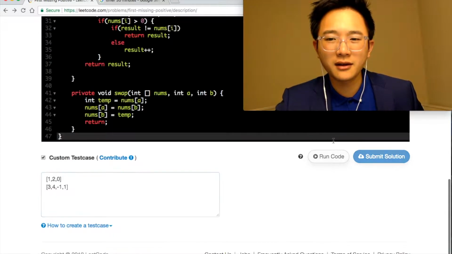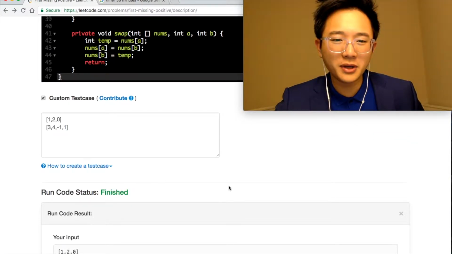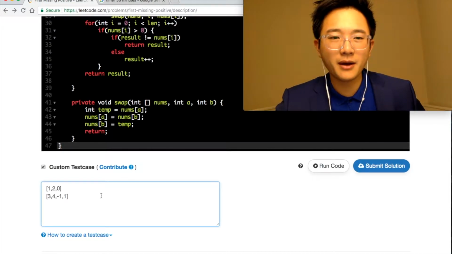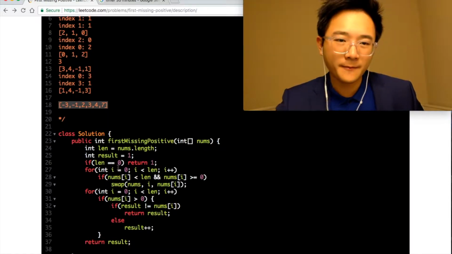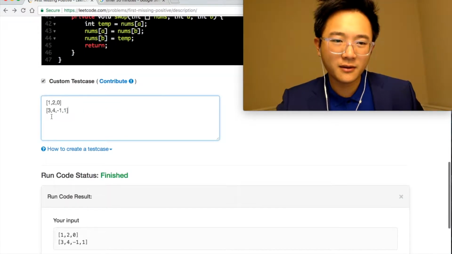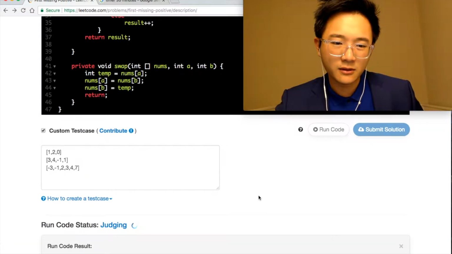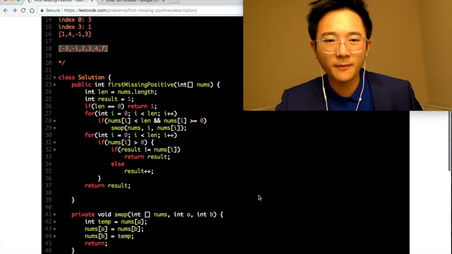Okay. Stupid computer. 3-2. Okay, how about the example I gave to myself? Three, two, one. Okay.